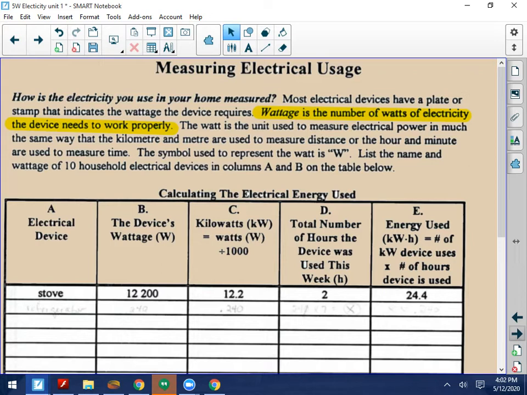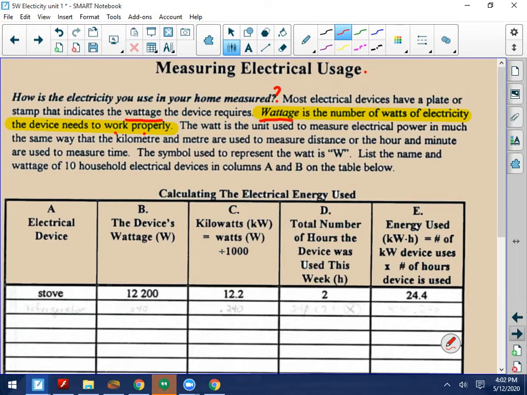Measuring electrical usage. How is the electricity in your home measured? Most electrical devices have a plate or stamp that indicates the wattage the device requires. Wattage is the number of watts of electricity the device needs to work properly.